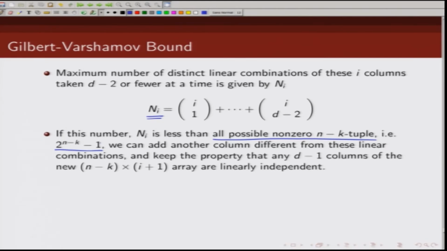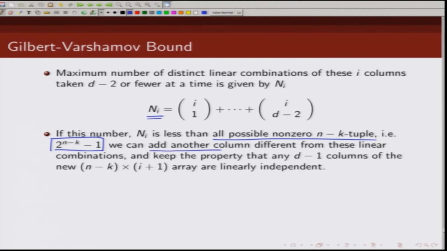Now, if this number N_i is less than this number, what does it mean? We can find another tuple which would be linearly independent of any of these combinations of columns.